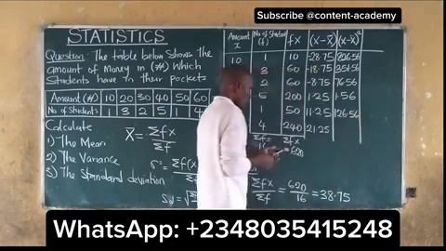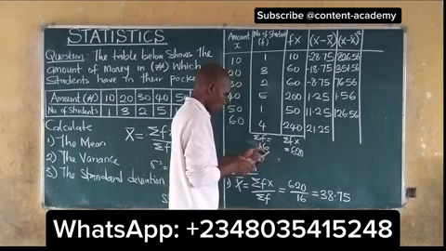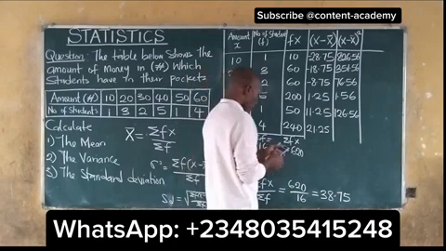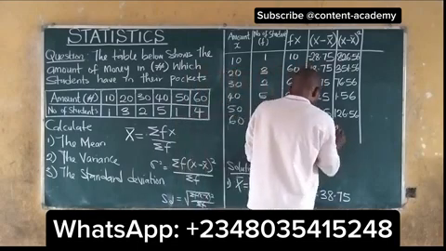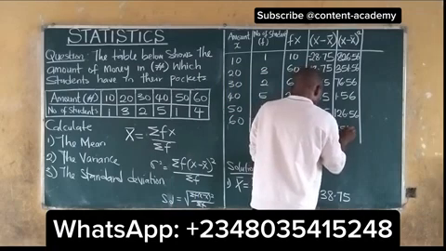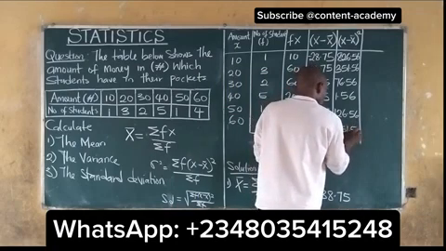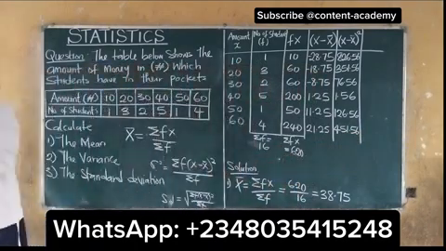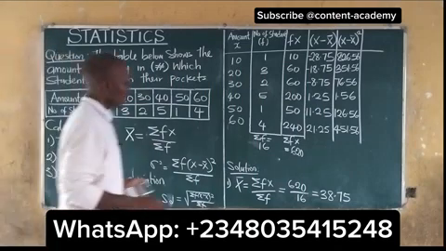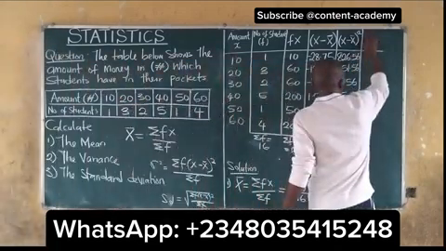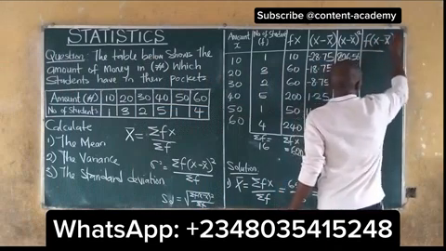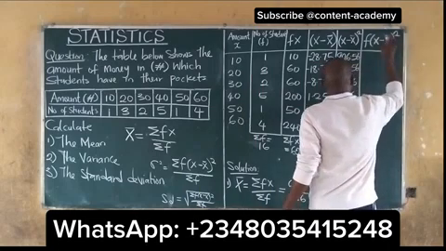Now we have 21.25 squared. We have it to be 451.56. So that is what we have. The next on the list is f of x minus x bar raised to the power of 2.